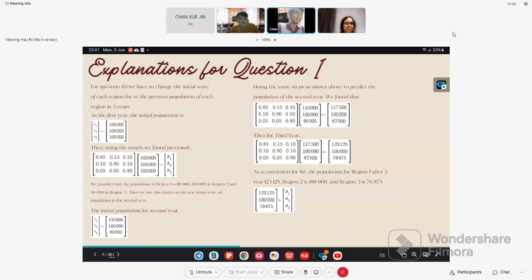We do the same step as shown just now, and we can predict the population for the second year. Then we find that there are 115,500 in region 1, 100,000 in region 2 and 82,500 in region 3. Then we use that as the initial state population for the third year.